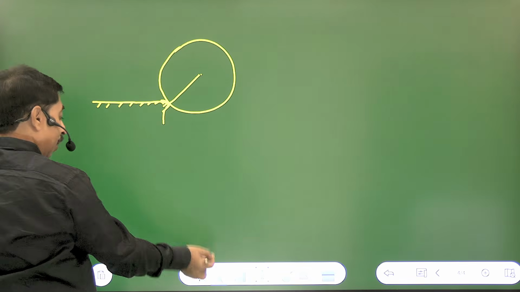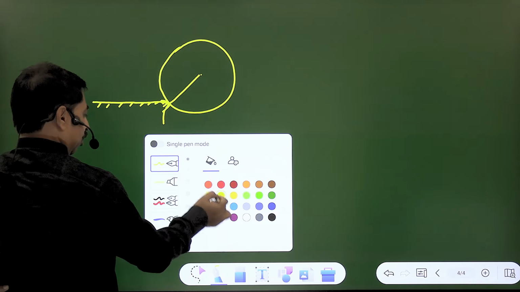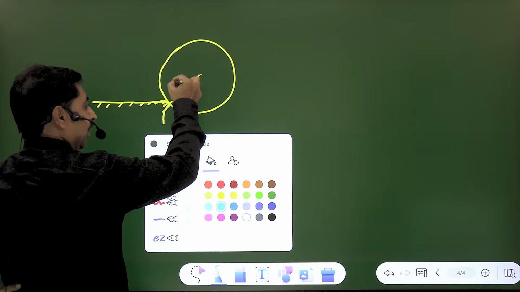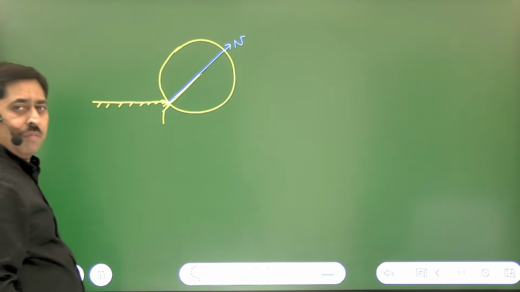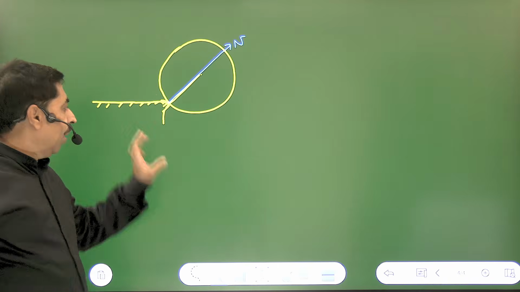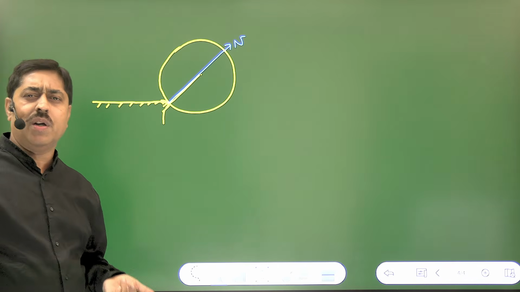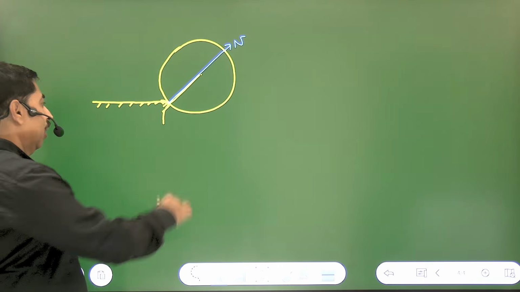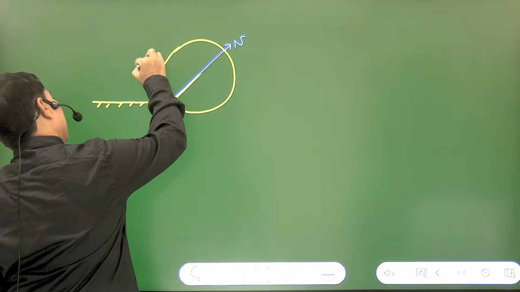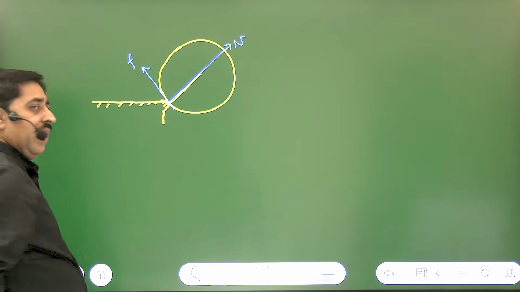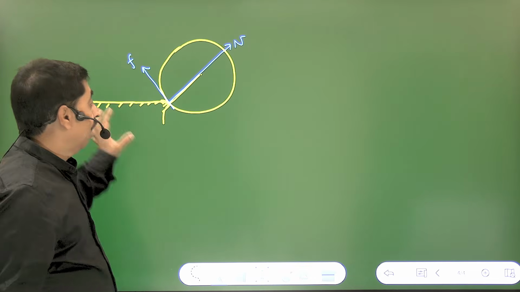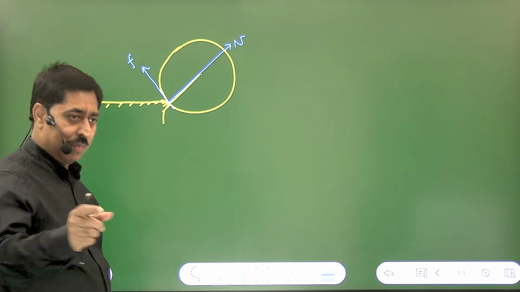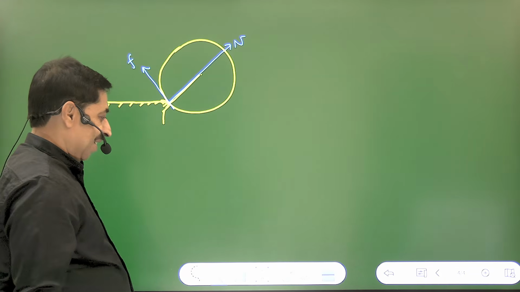So the normal force obviously has to be perpendicular to the surface of the cylinder, which is this direction only. And the other component of contact force, the tangential component, is termed as friction. So the friction force applied by the table edge on the cylinder is somewhat like this. But okay, that was not the doubt. The doubt is, why won't it fly away? I'm coming back to that doubt.